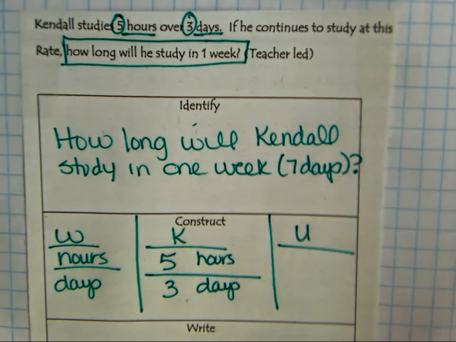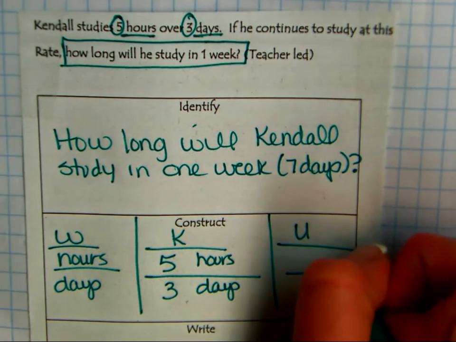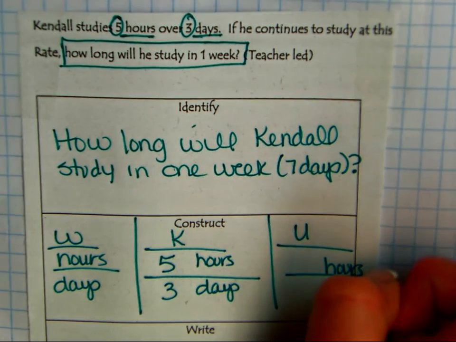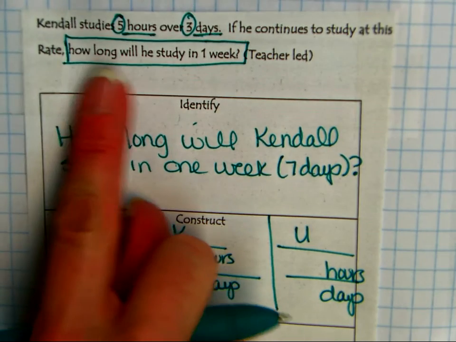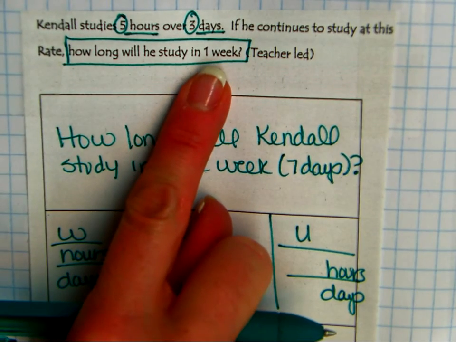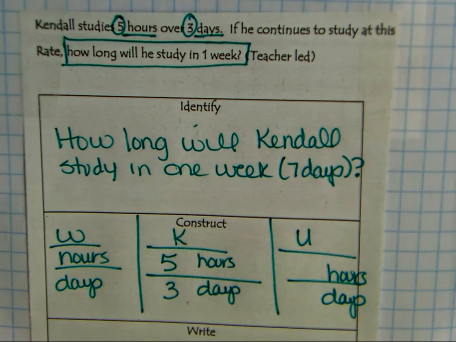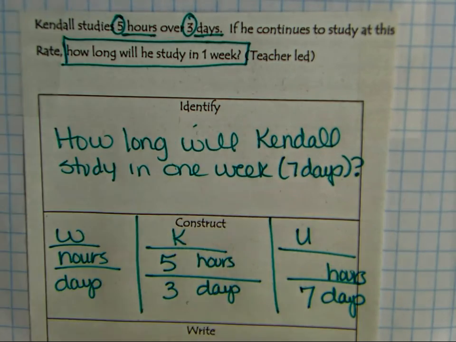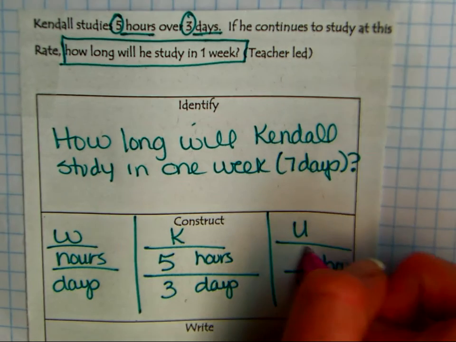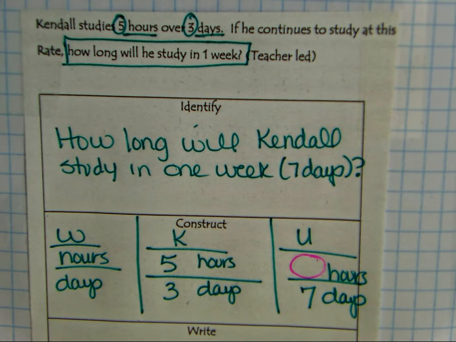And the last one is the unknown. What don't we know? Well, looking at hours to days, up above it says how long will he study in 1 week? So we know it is a certain amount of days, which is 1 week, which is, like we said, 7 days. What we don't know is how many hours.